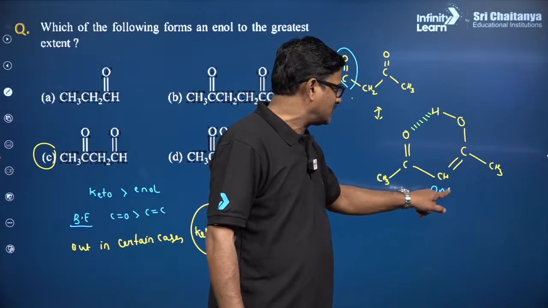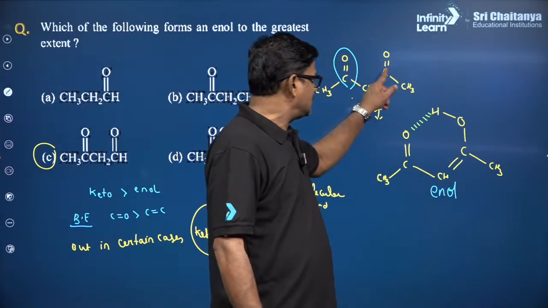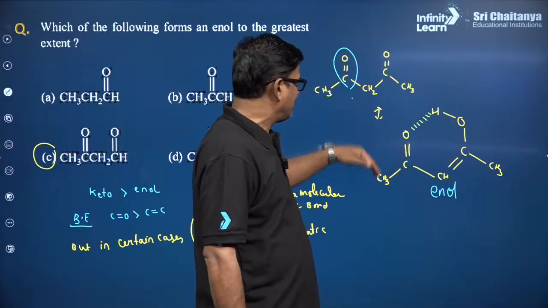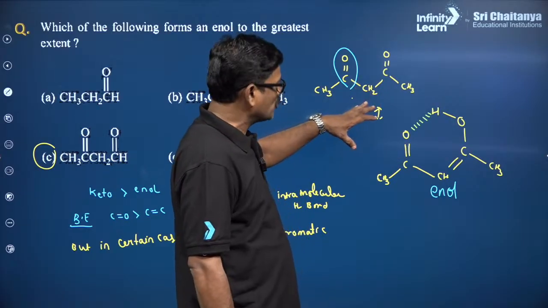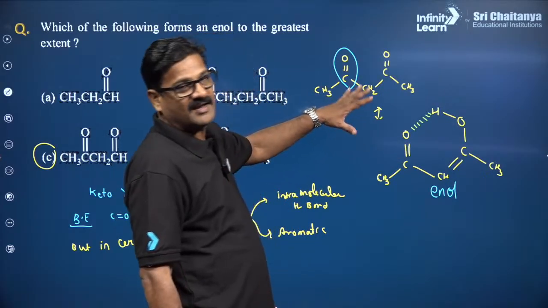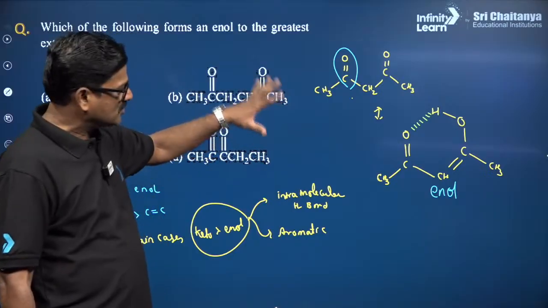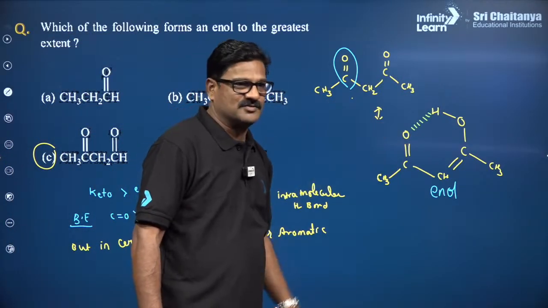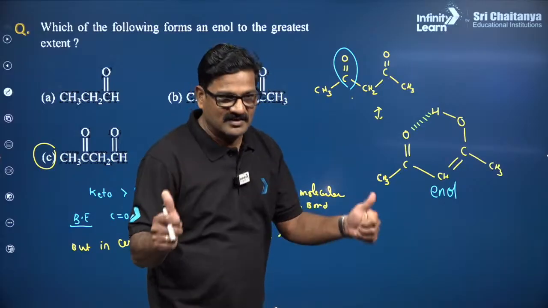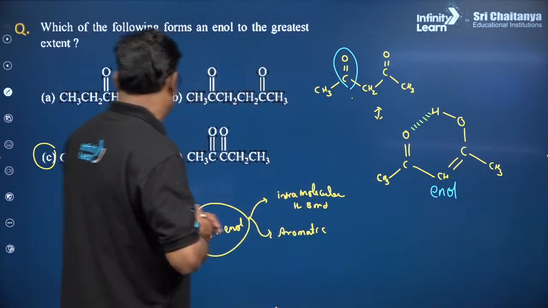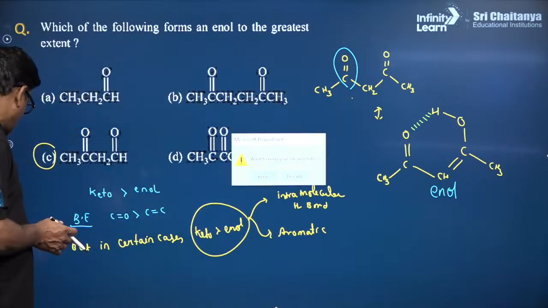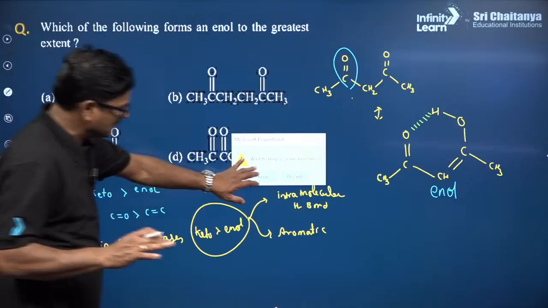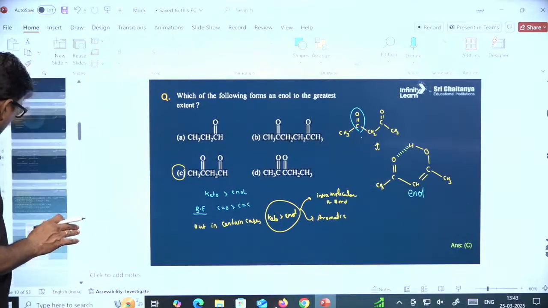So the interconversion between these two is rapid, and this phenomenon is known as tautomerization, and the phenomenon is known as tautomerism, and this is called keto-enol tautomerism. Abid Hassan, understand? Clear? For that keto-enol tautomerism, let me go and explain something for you as you asked.